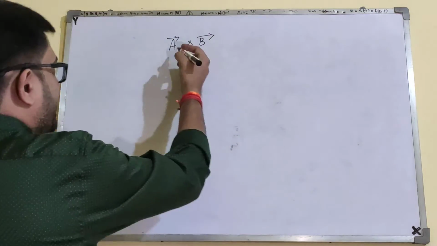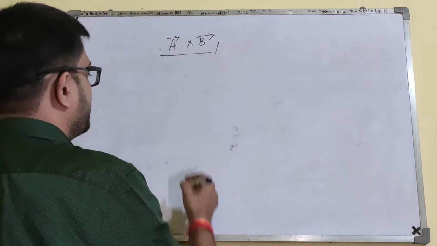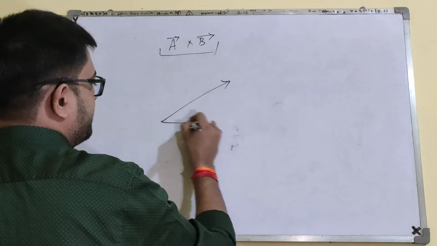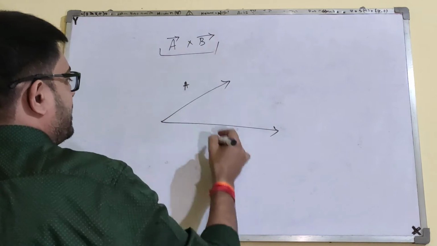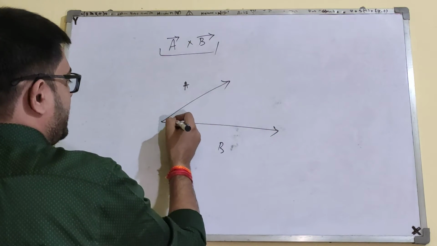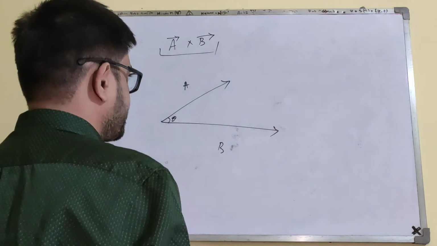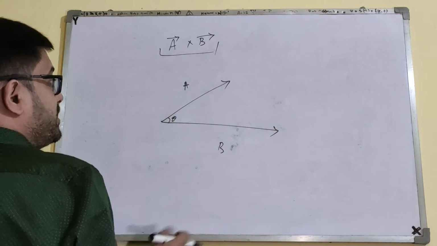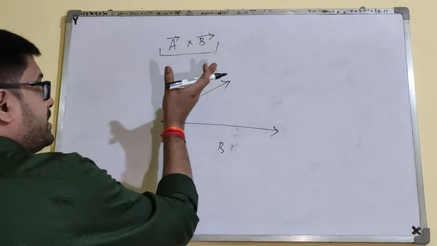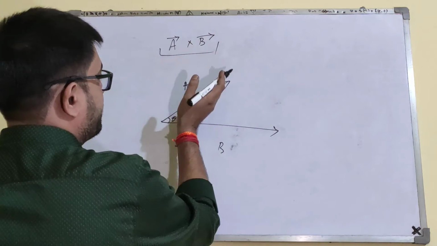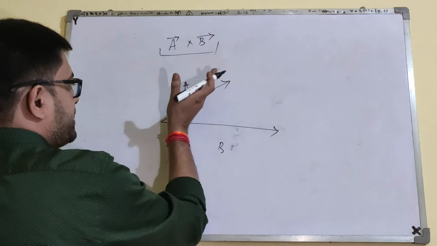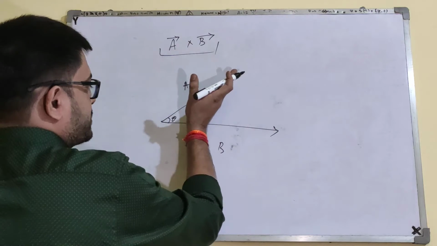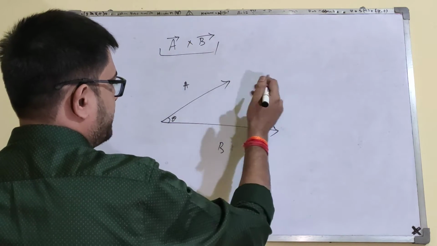So what basically is a cross b? There are two vectors a and b, oriented at an angle theta. If a is crossed by b, then a crosses the entire length of b like this.